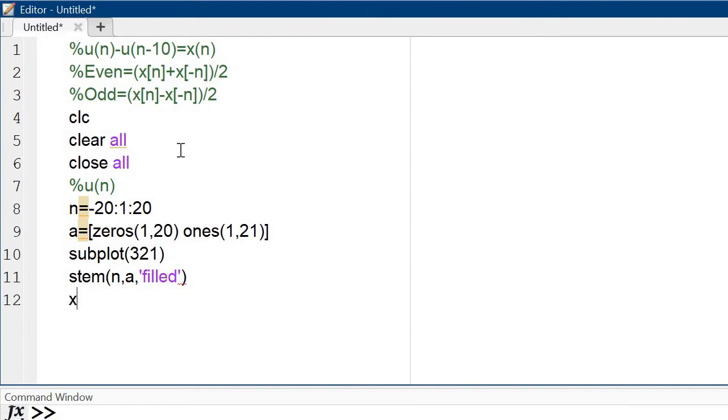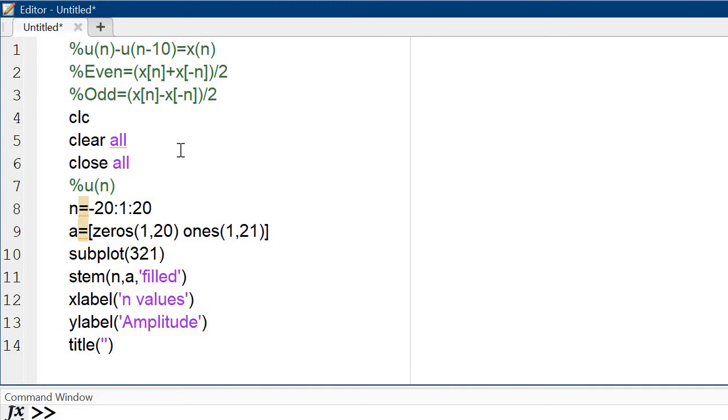Now, xlabel, n values, and after that ylabel, amplitude, then after that title. What is the title of this?